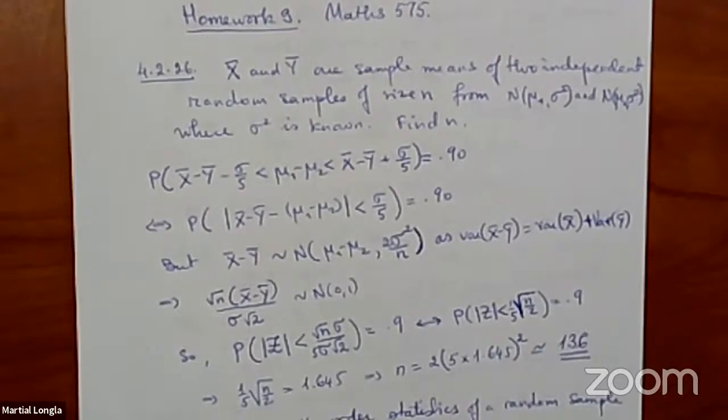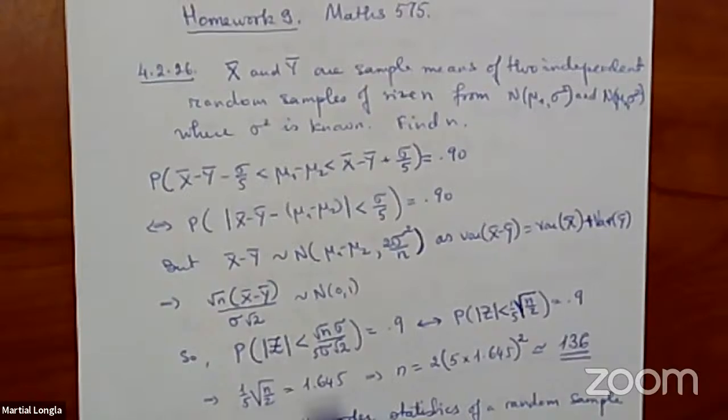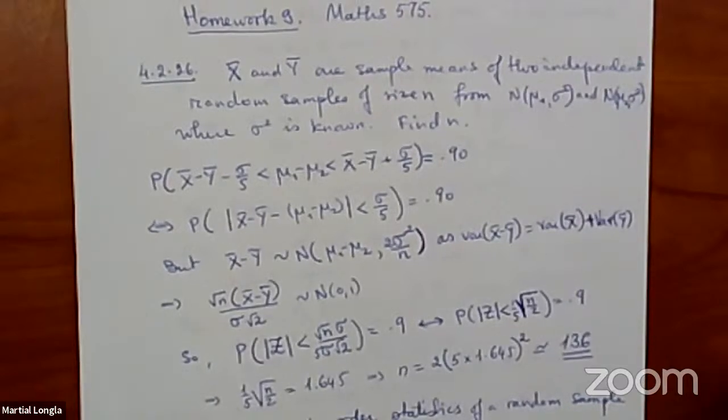Questions about this? You are multiplying with 2 for n. Why not multiplying by 2? Solving this equation, not just multiplying.